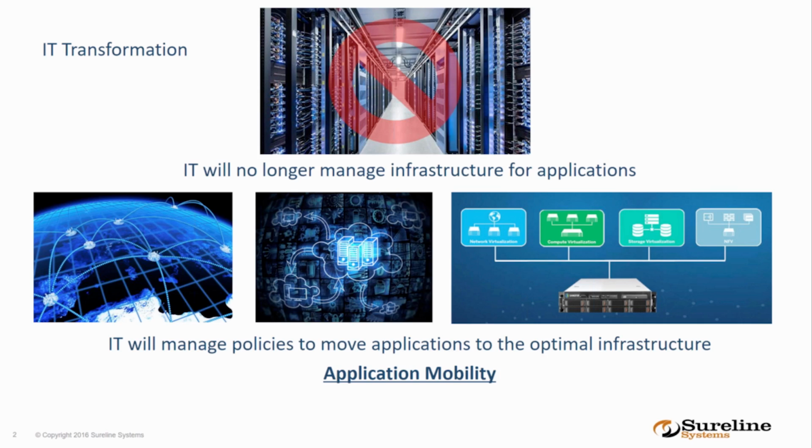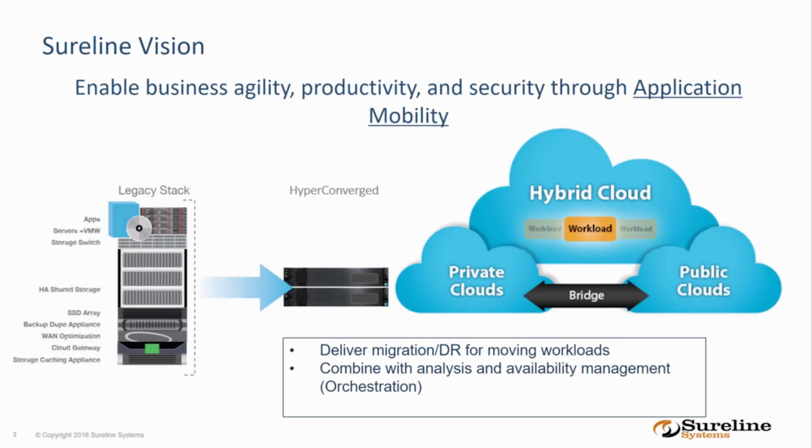All of this is really going to drive the need for application mobility, and that's where Shoreline sees our value add in the long term: the ability to move the workload, the application and its working environment to the right target, whether that is a private cloud, maybe a new infrastructure, or a hybrid cloud, or the public cloud.